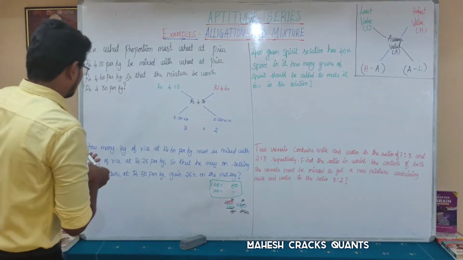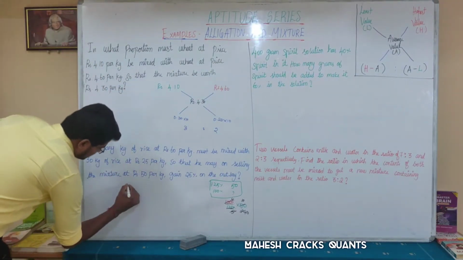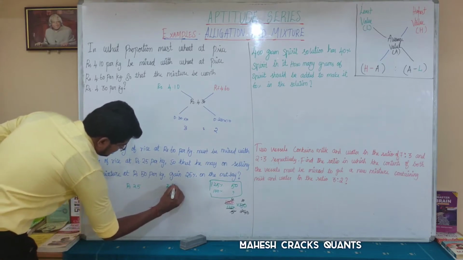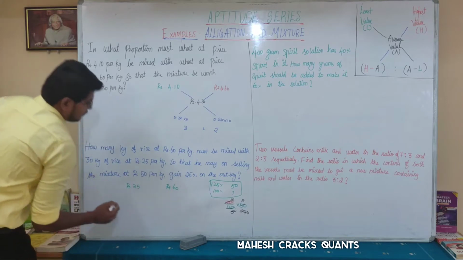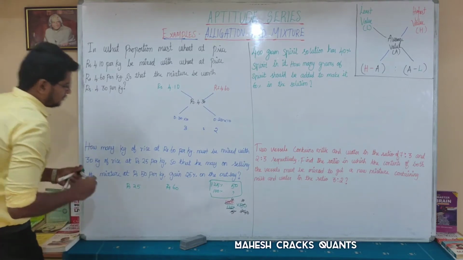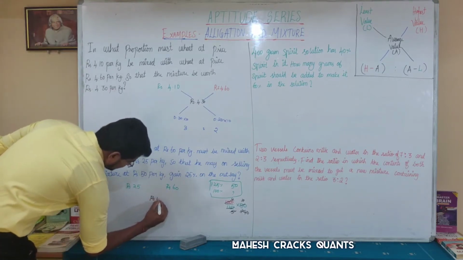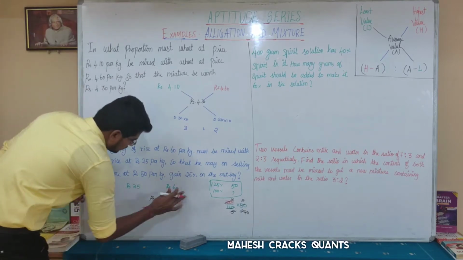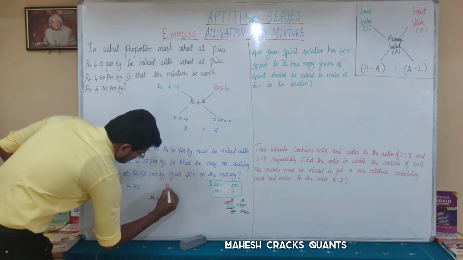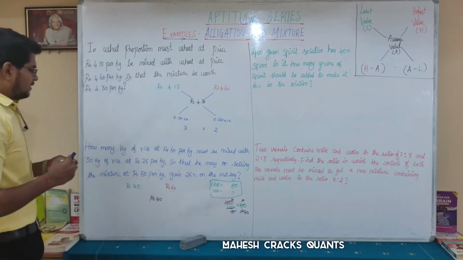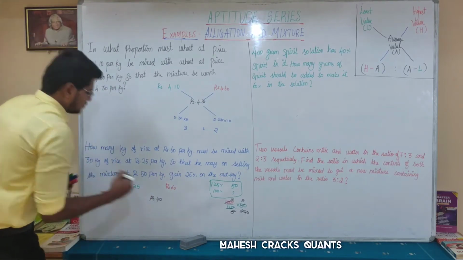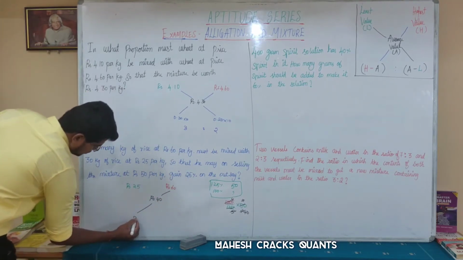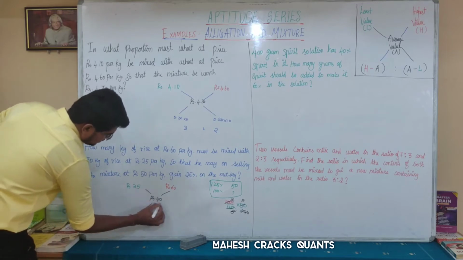Write down in this format: rupees 25, rupees 60, and rupees 40 in the middle. Find the difference between these two. The cross difference is 20. Here, what is the difference here?